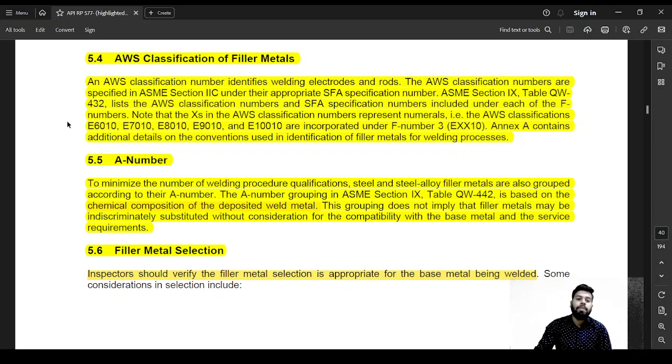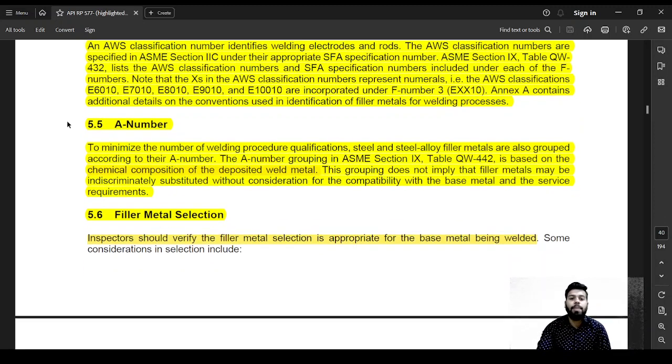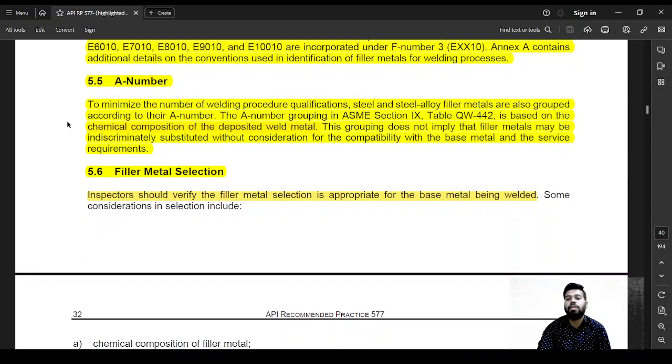Okay. So A number, to minimize the number of welding procedure qualifications, steel and steel alloy filler metals are grouped according to their A number. The A number grouping in ASME section 9 table QW442 is based on the chemical composition of the deposited weld metal. This grouping does not imply that the filler metals may be indiscriminately substituted without the consideration for compatibility with the base metal and the service requirements.